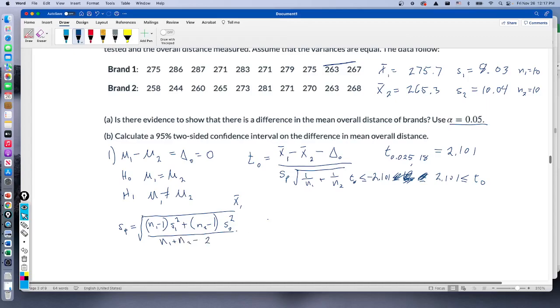So there's our sort of degrees of freedom. Start plugging all that stuff in. You get n1 minus 1 is 9, times 8.03, that's what we calculated, squared, plus 9, which is n2 minus 1, times 10.04 squared, all divided by 10 plus 10 minus 2, or 18.